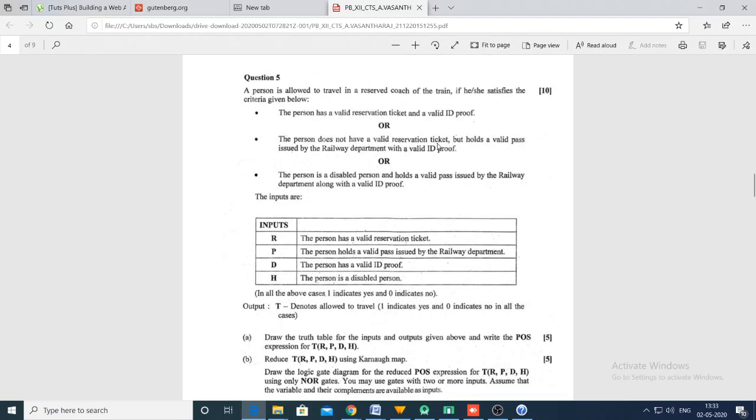This is one logical statement, coming in inverted form of R. The person has a valid reservation ticket is R, but here he doesn't, so it is R bar, but holds a valid pass issued by the railway department with a valid ID proof.